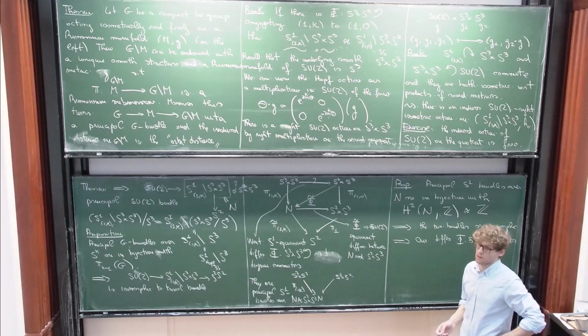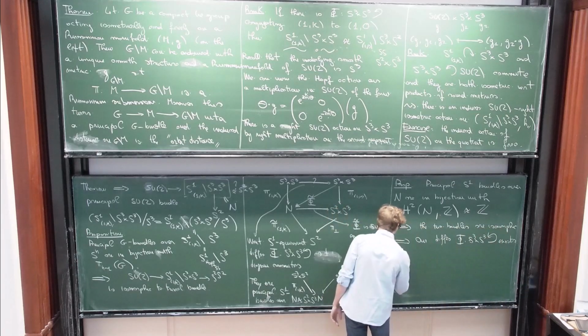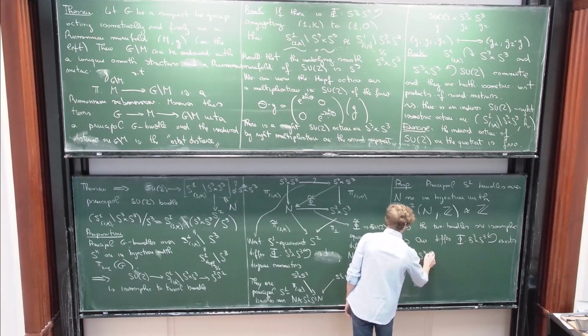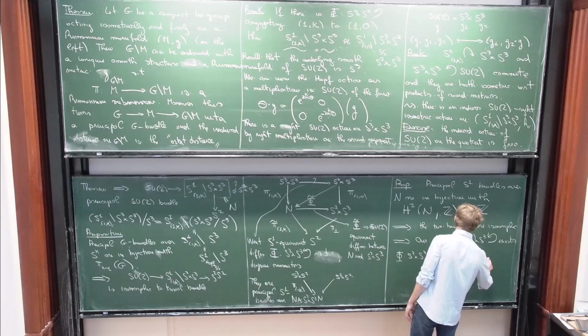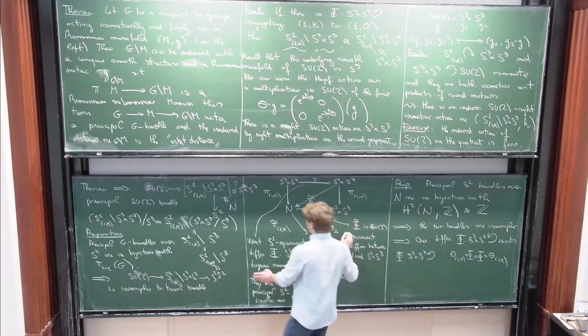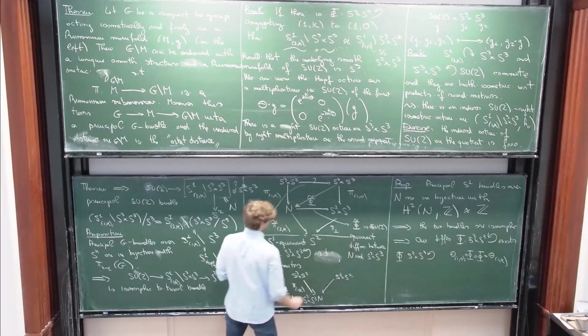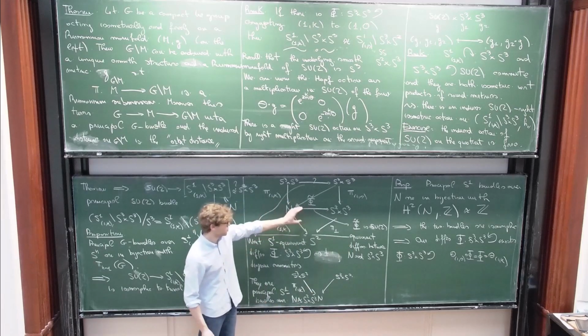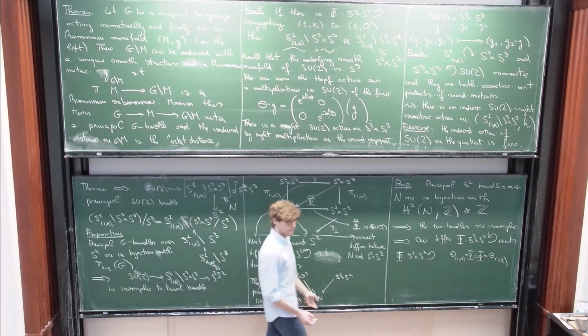Because I wanted a phi from S3 times S3 into itself such that theta 1,0 composed with phi is equal to phi composed with theta 1k. For the moment, you only found phi tilde between the quotient spaces. Does it clarify?